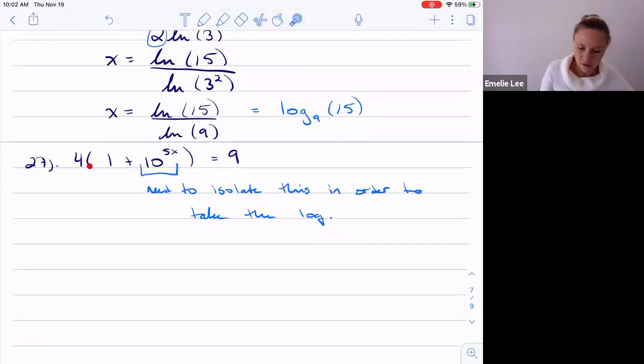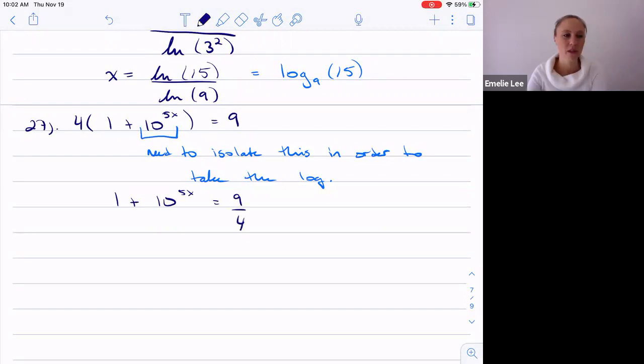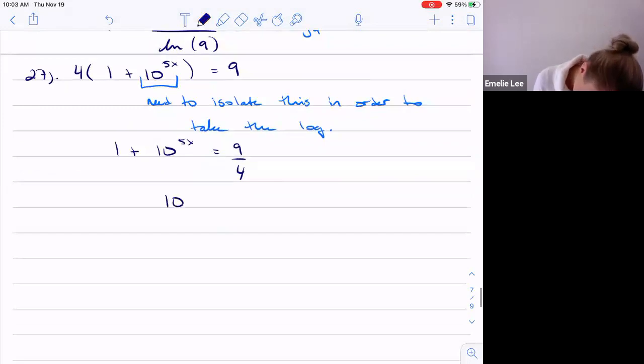So order of operations says that if I have 4 multiplying everything, I have to divide both sides by 4 first. So I have 1 plus 10 to the 5x is 9 divided by 4. Then if I'm adding 1, I have to subtract 1 from both sides. So I have 10 to the 5x is 9 over 4 minus 1.